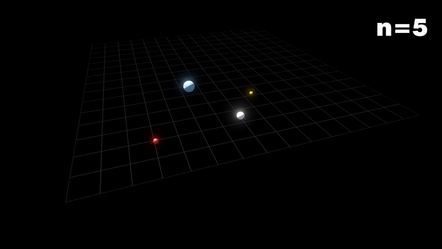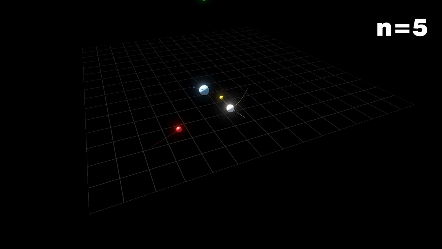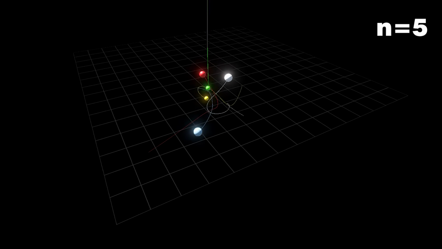Let's add more bodies. Now it is an n-body simulation, where n is the number of objects.